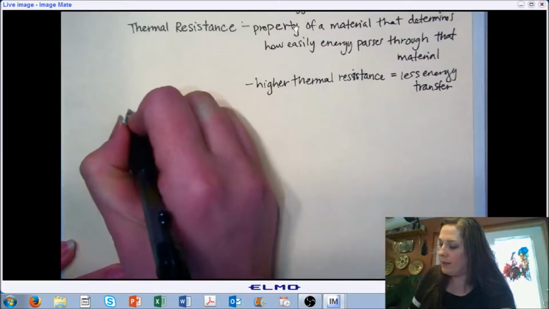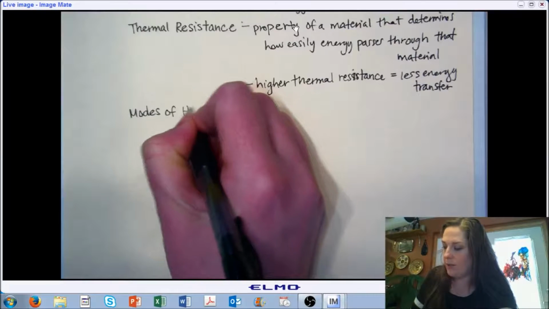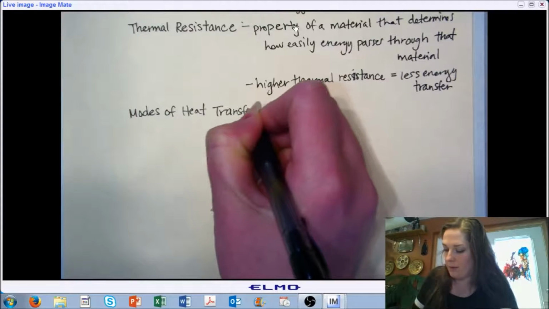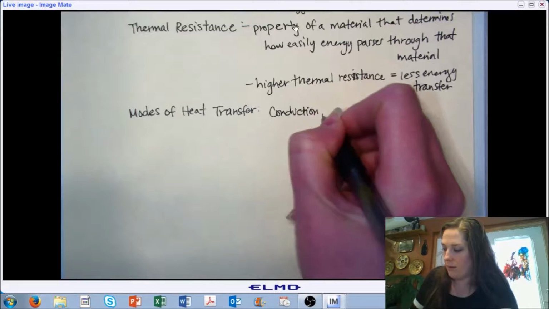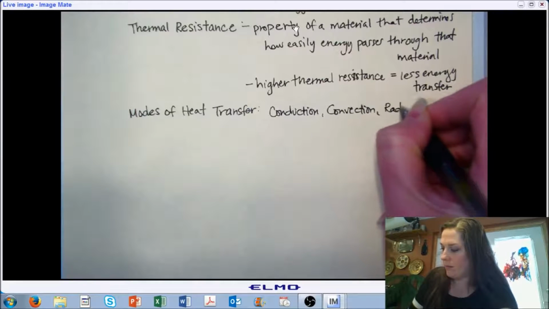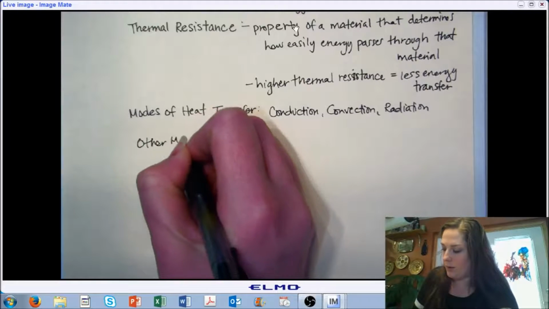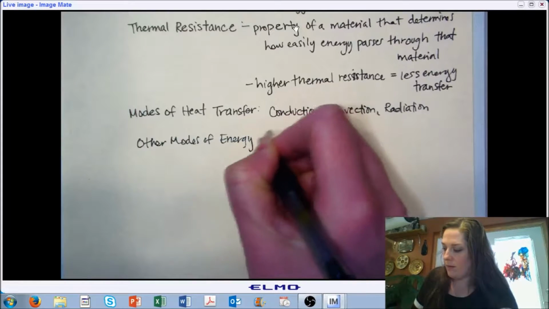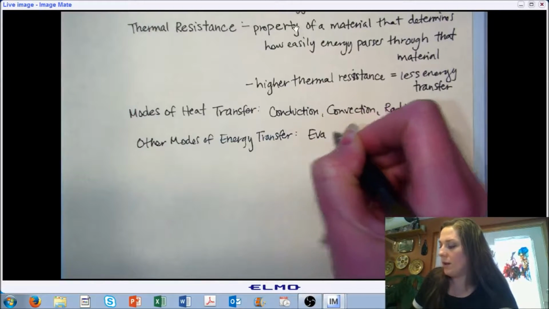Most of you, I expect, have seen an introduction to heat transfer. So let's quickly review the primary modes of heat transfer, which are conduction, convection, and radiation. And then other modes that we're going to look at: evaporation and condensation.